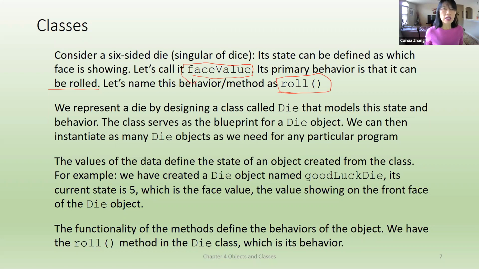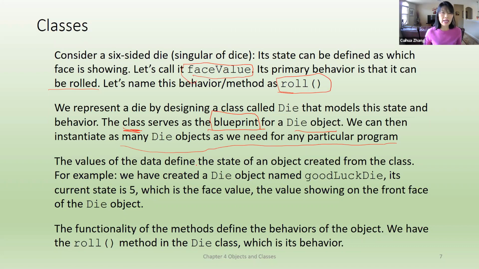Okay, so we represent a die by designing a class called die that models this state and behavior. The class serves as the blueprint for a die object. So you have this class, this serves as the blueprint, and then you can create as many die objects as you want. We can instantiate as many die objects as we need for any particular program.